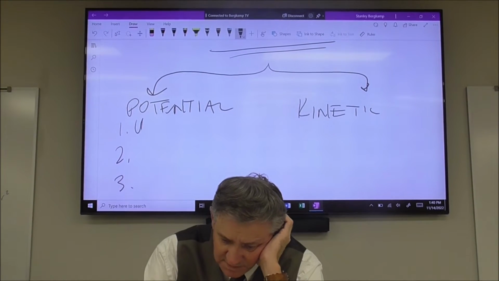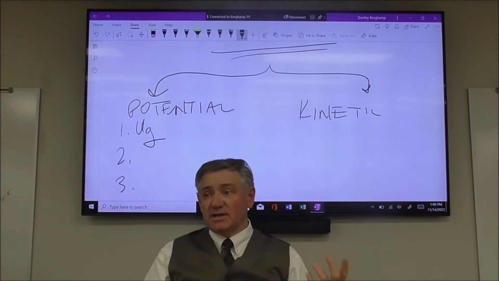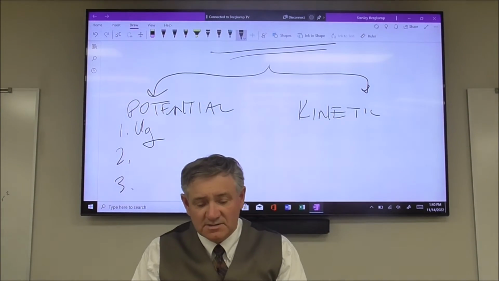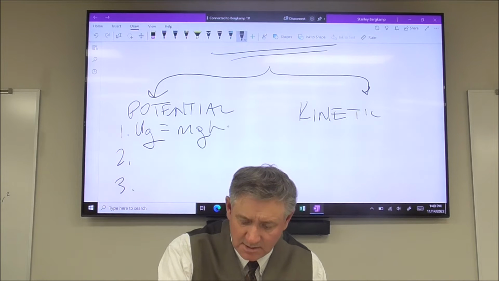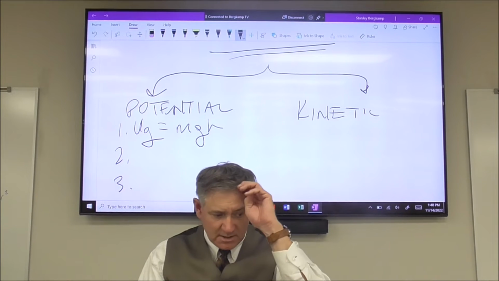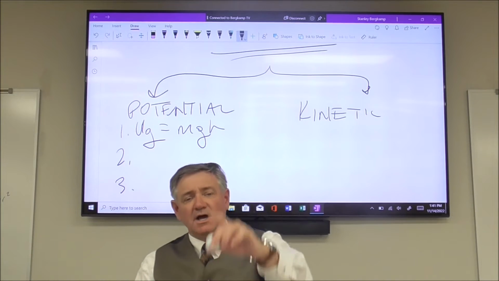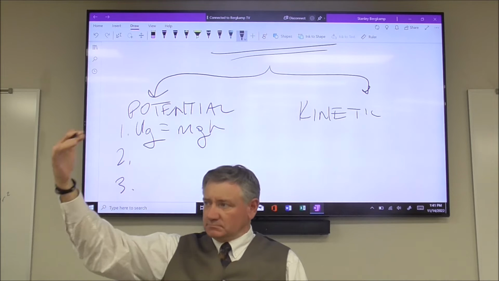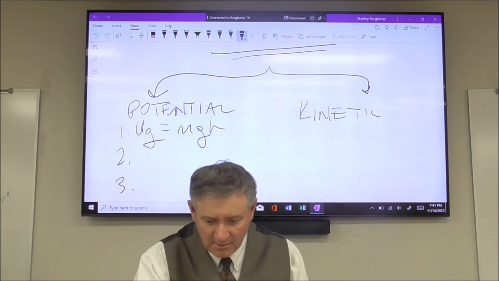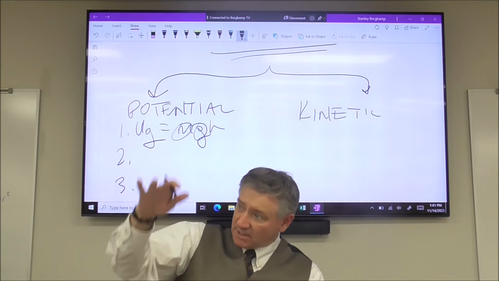The first one we're going to study is UG, which is gravitational potential energy. That's a very simple equation. It's just mgh. If I take a golf ball and lift it up, I store a certain amount of potential energy. That would be the mass of the object times the gravitational acceleration times the height.